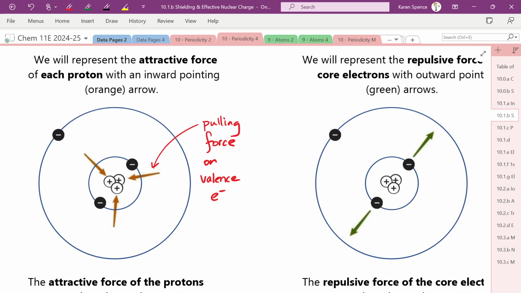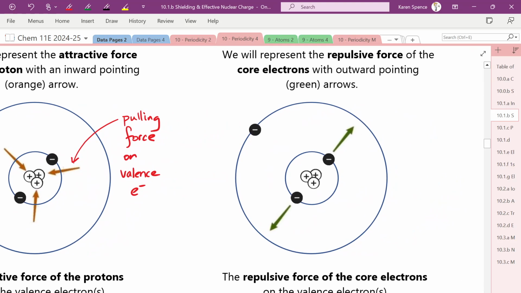We also have a repulsive force of the core electrons. So these push outward on the valence electrons.